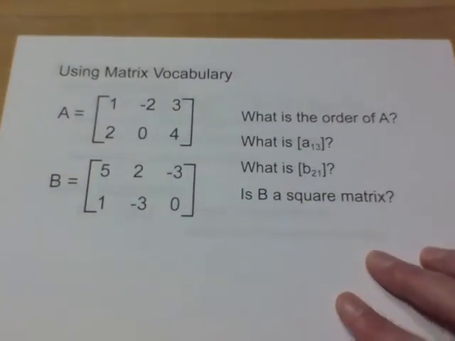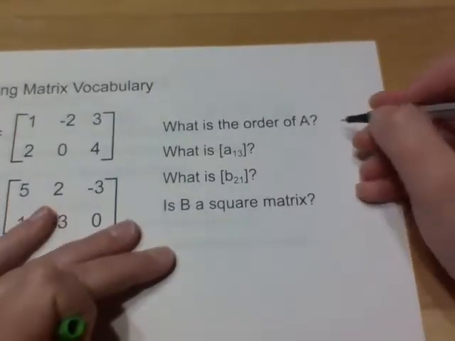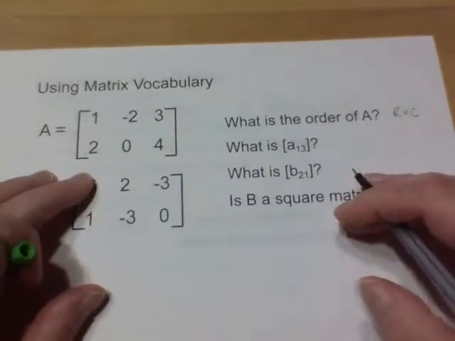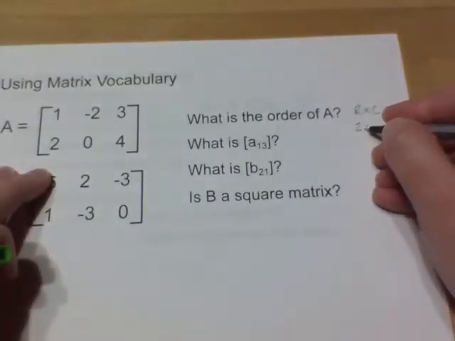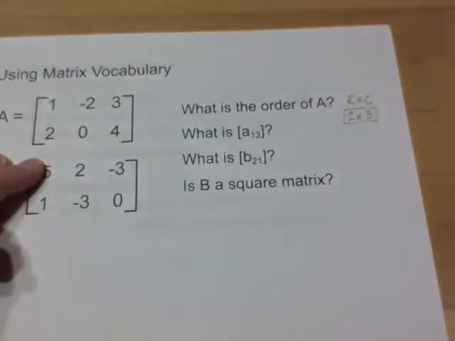So if we look at the order of A, we are going to do the rows by the columns. And so in A, we have 2 rows and 3 columns. So the order of A is 2 by 3.